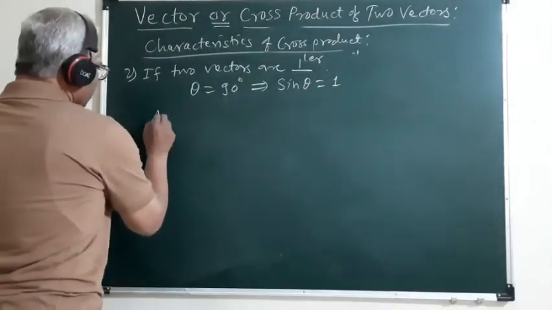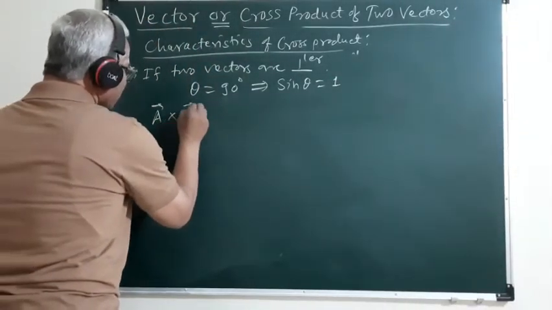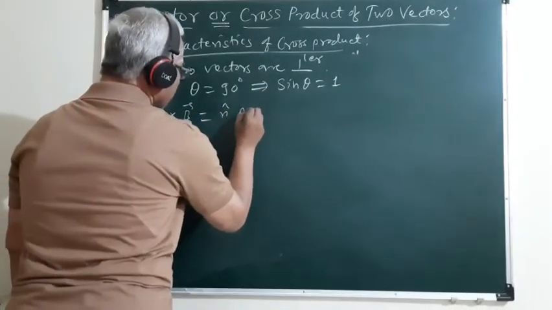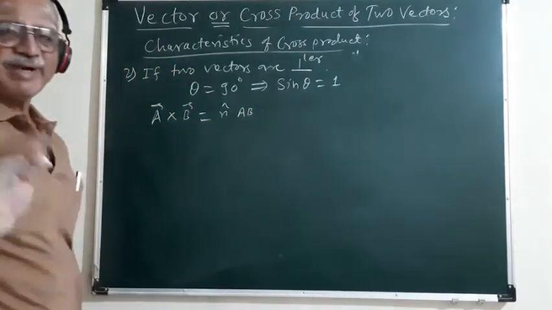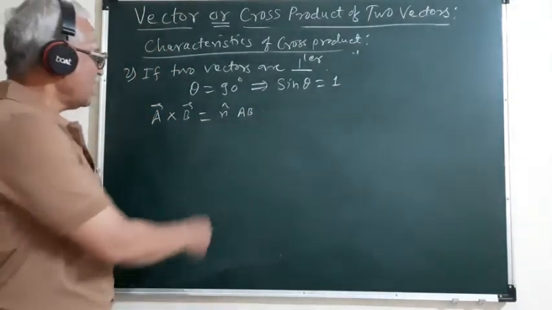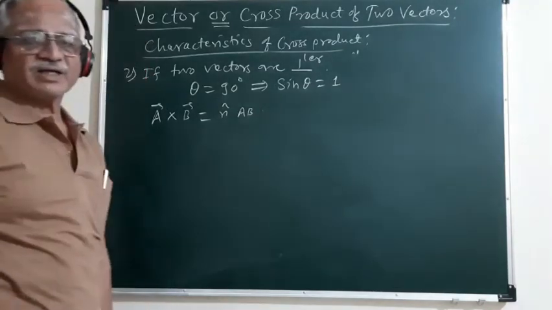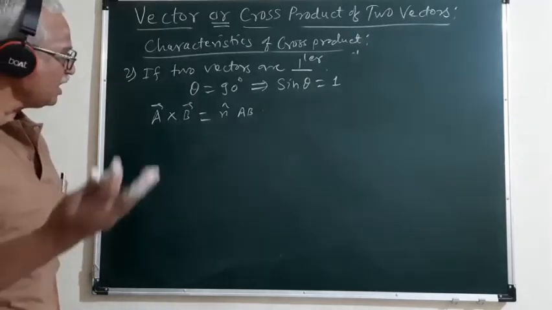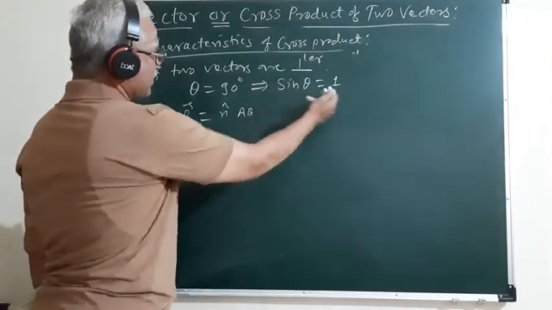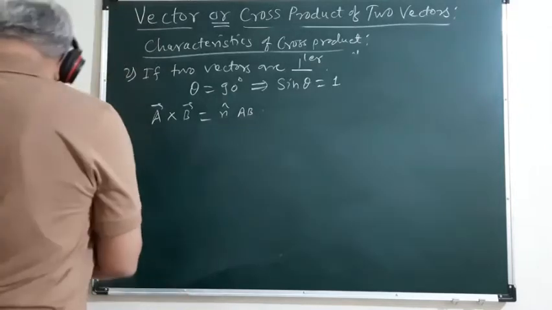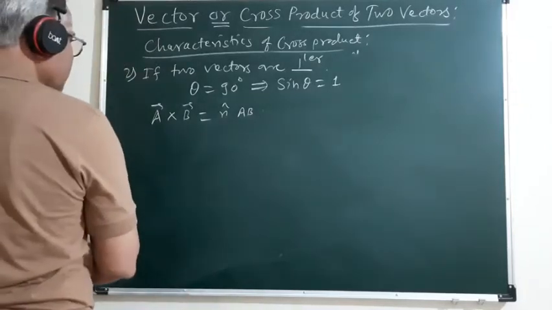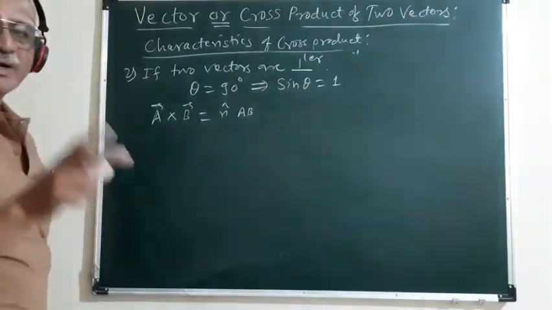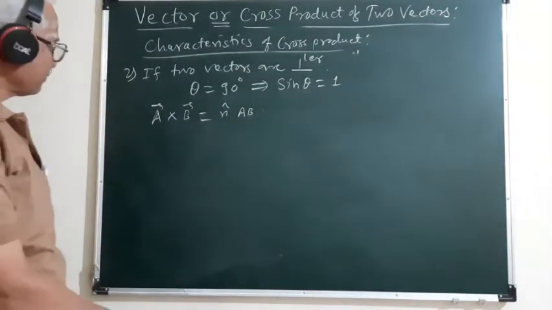So that the cross product a bar cross b bar will be equal to n cap into ab, where a and b are the magnitudes of the two given vectors and n cap is the unit vector in the direction perpendicular to the plane containing a bar and b bar. So sine theta is equal to 1 here. So that is how we can express the cross product of two vectors which are mutually perpendicular to each other.